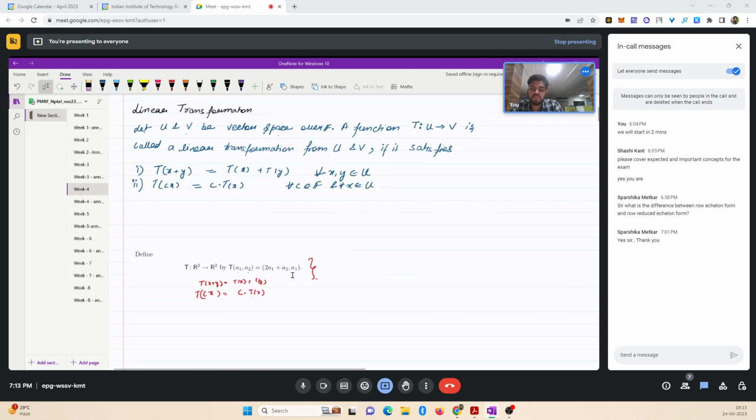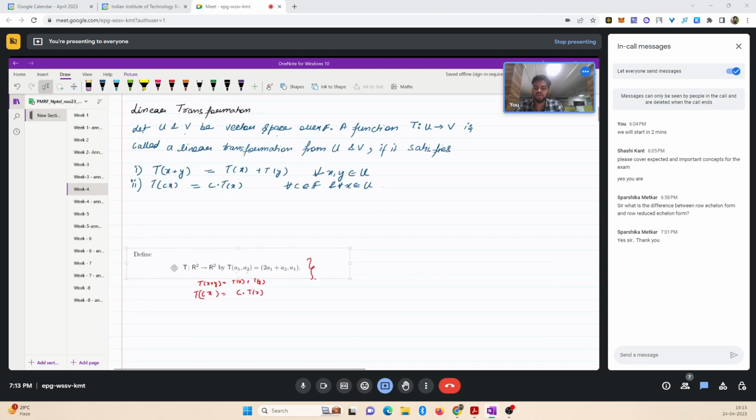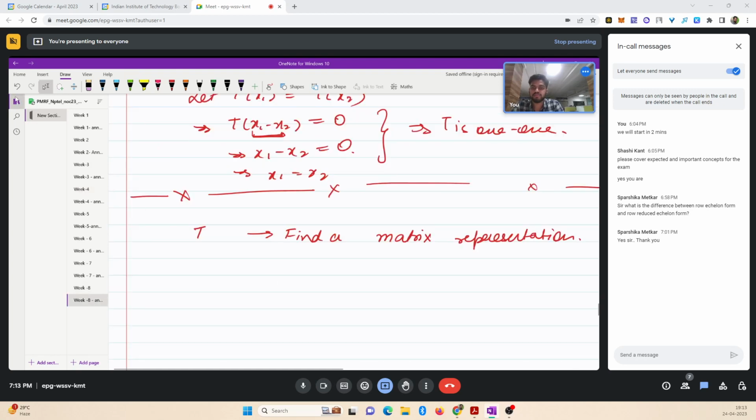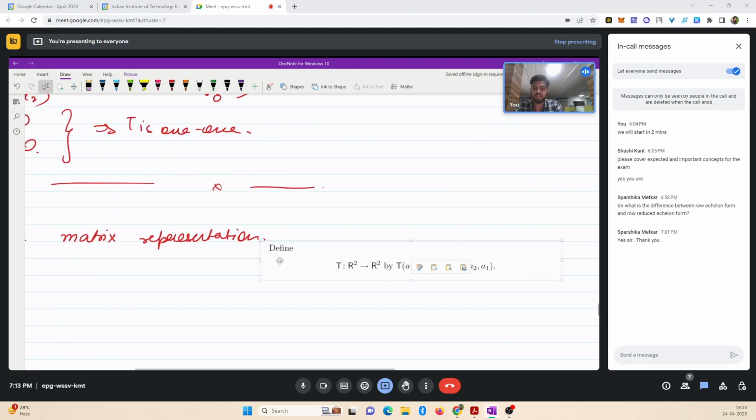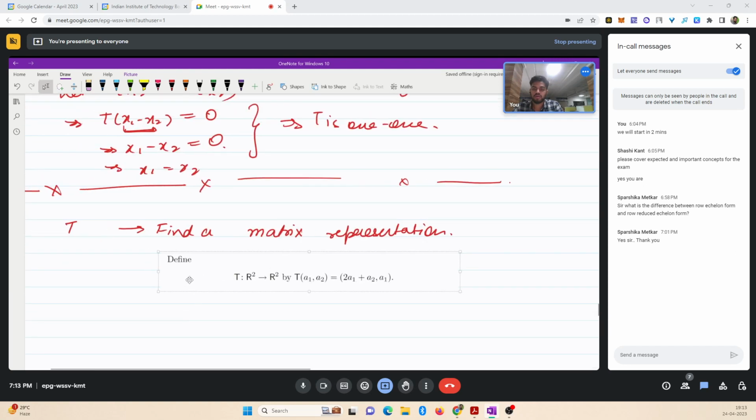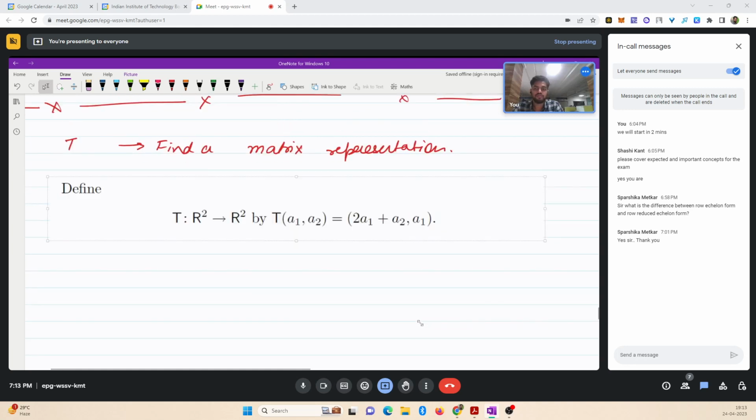We will try to find a matrix for this particular linear transformation. I'm pasting it here now. I hope the font is big enough.